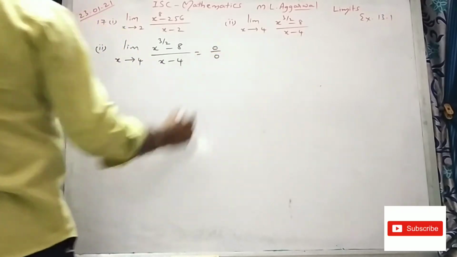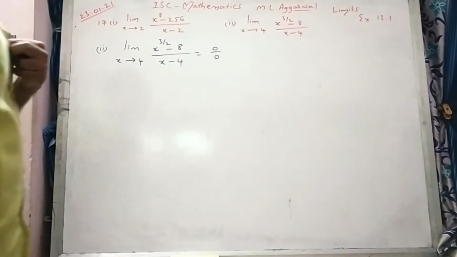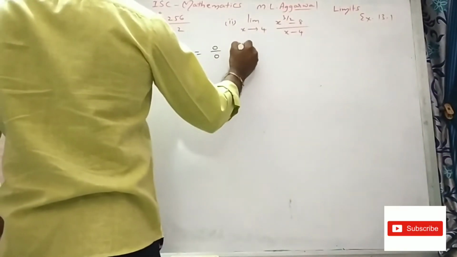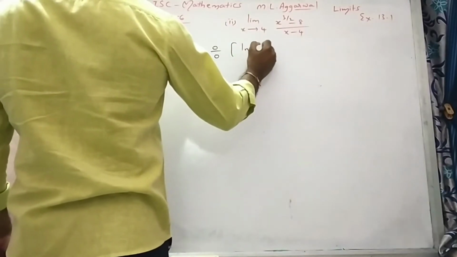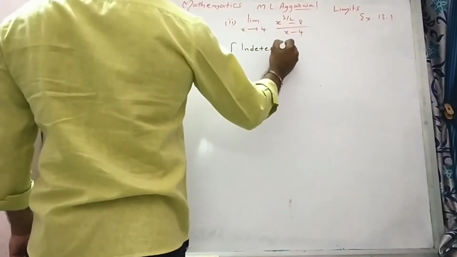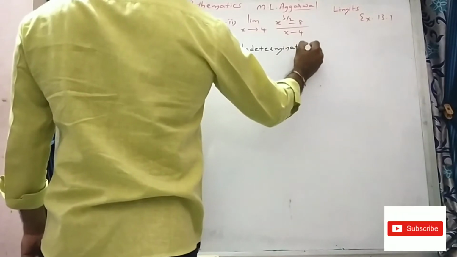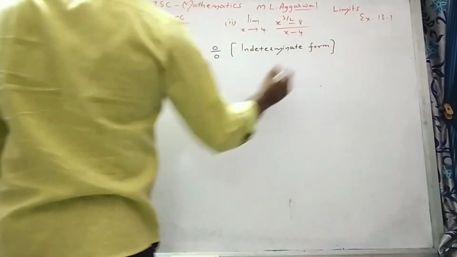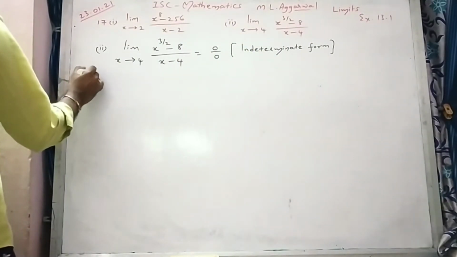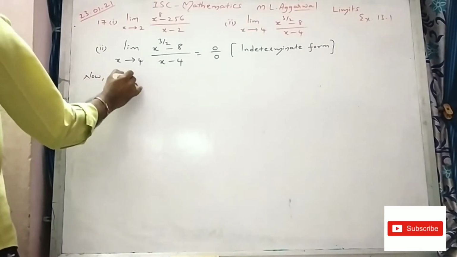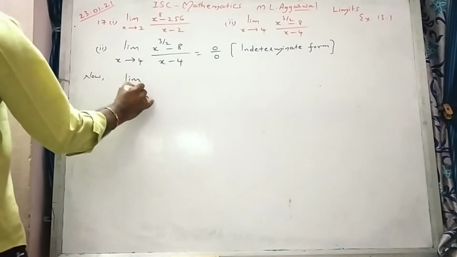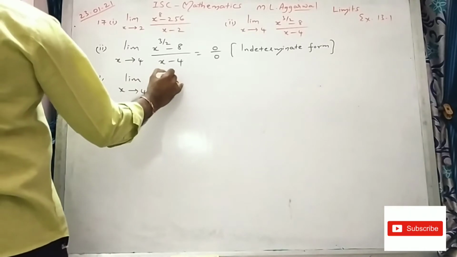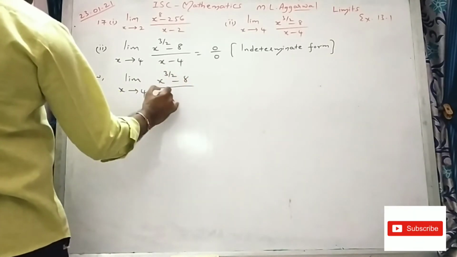As usual, we get 0 by 0, that is called indeterminate form. So, I am going to take limit x tends to 4, (x power 3 by 2 minus 8) upon (x minus 4).